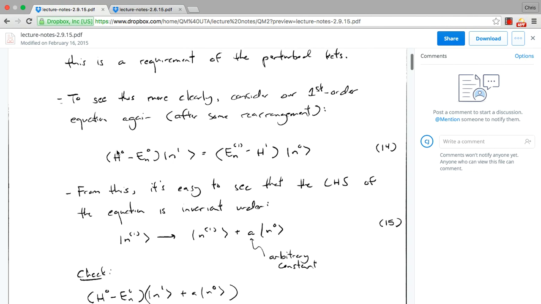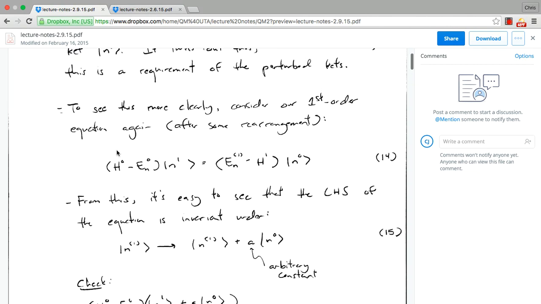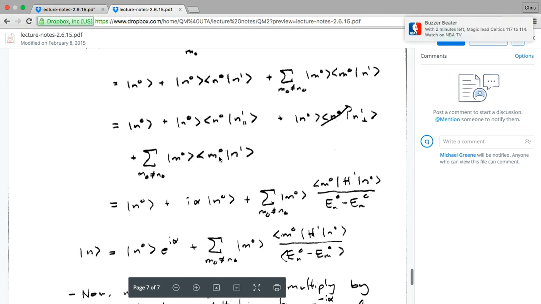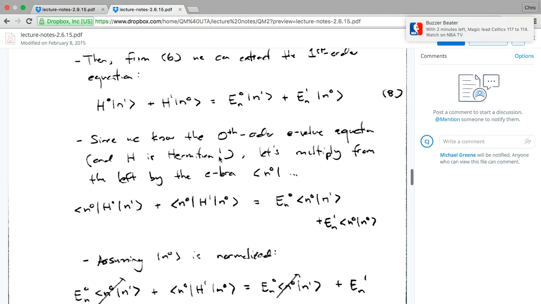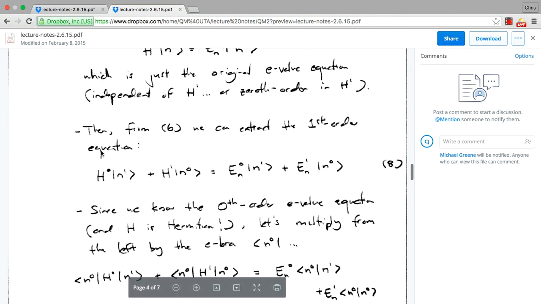Again, let's go back to our first order equation. Let me flip back here and remind us where it came from. It's this one, right? So here's our first order equation that we got from expanding out the full eigenvalue problem and matching to the first order terms.